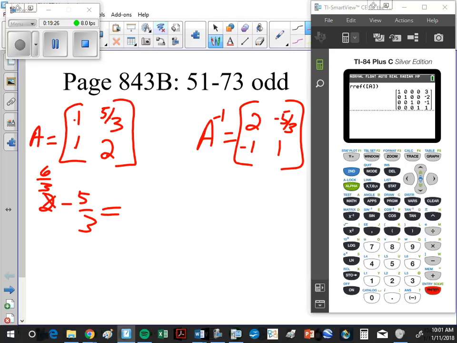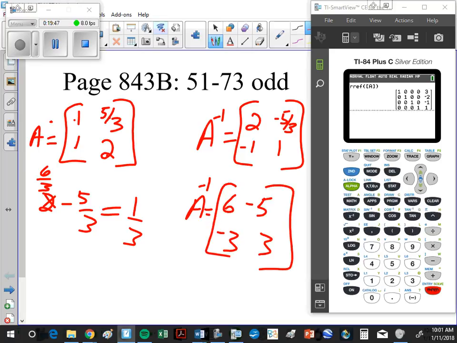So 6 over 3 minus 5 over 3 is 1/3. So the weight of A is 1/3, which means the weight of the inverse would be 3. So I need to triple everything on the inside. So A inverse is really 6, -5, -3, and 3. Yes, because before my weight was 2, so I times everything by 1/2 because that's the reciprocal.